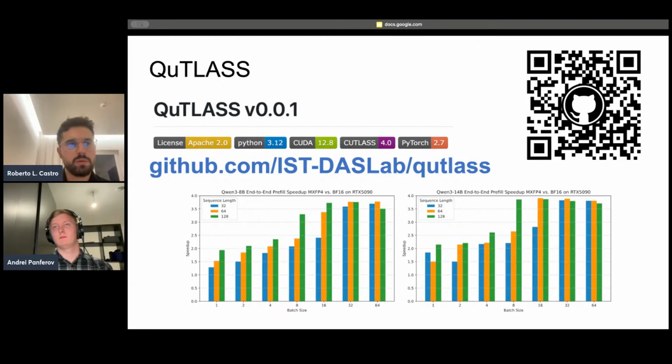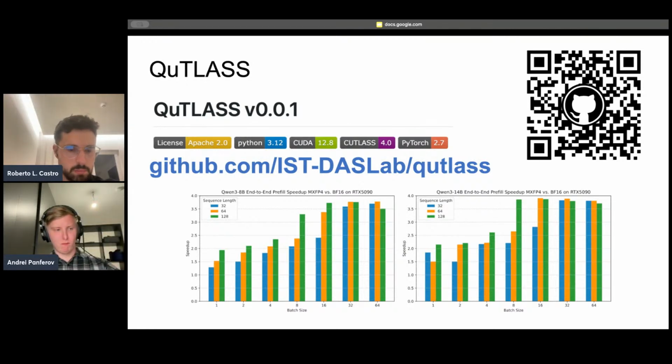We already included a bunch of kernels for the forward pass on this GitHub repo, more specifically, not only for this Quartet paper, but also for some PTQ project. We continue working on optimization on the inference, but also on the backward pass, and we hope to add the backward pass kernels in the following weeks.